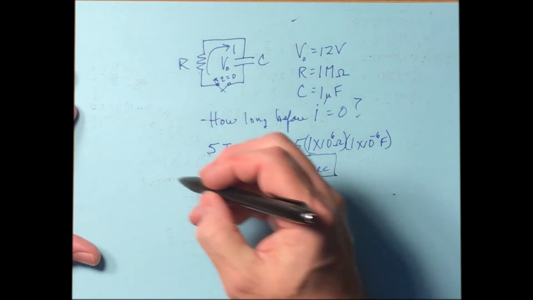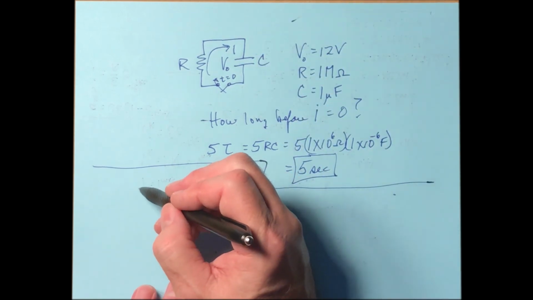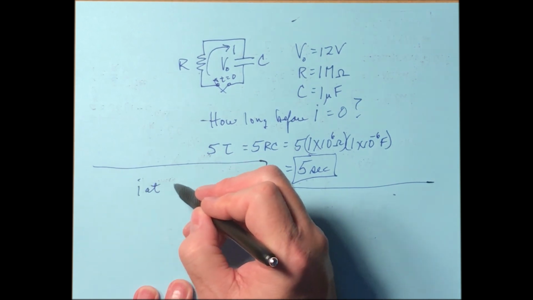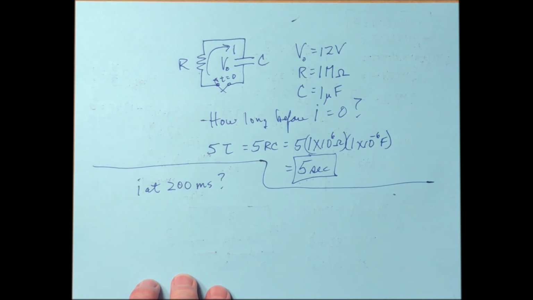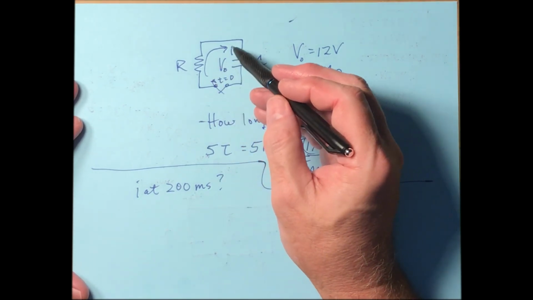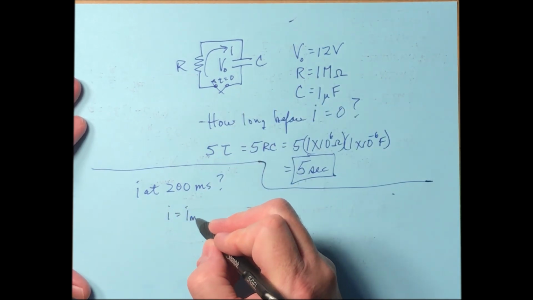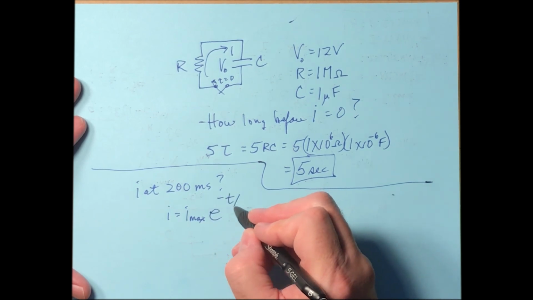You could probably come up with some of your own questions. Let's say the switch is closed. What is the current at 200 milliseconds? Well, you need to know what the current equation is going to look like. Is the current rising or is the current decaying? You can figure out that I is equal to I max times e to the negative t over tau.